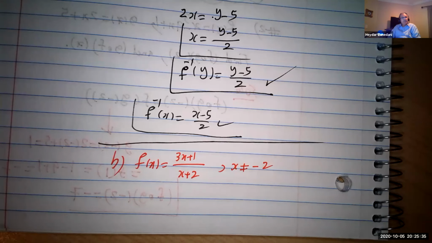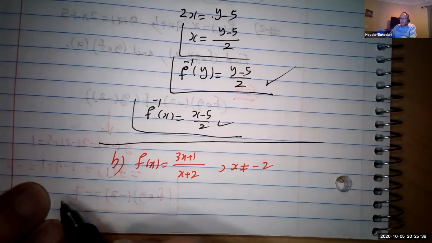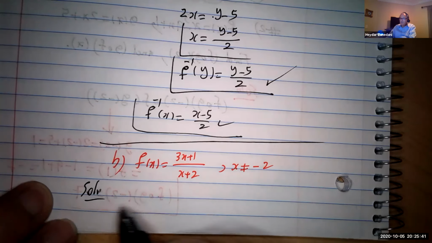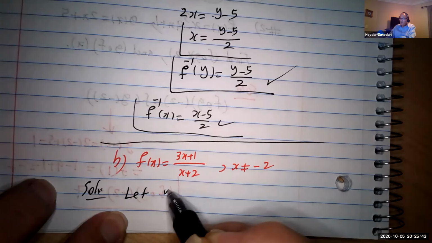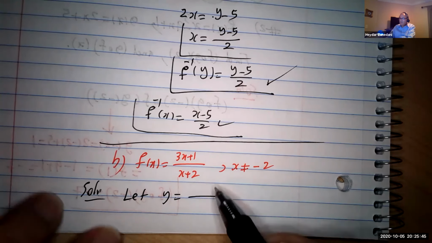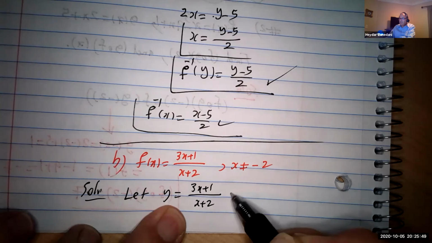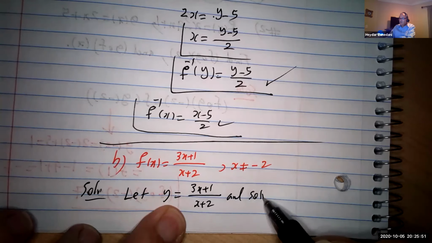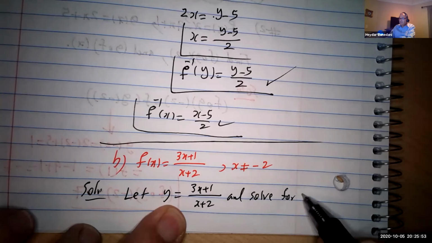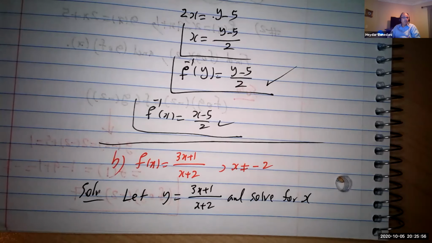Again, you call it y. Solution: you let y equal to 3x plus 1 over x plus 2 and solve for x if it is possible, because you want the inverse function. y is a function of x. The question is, is x also a function of y?